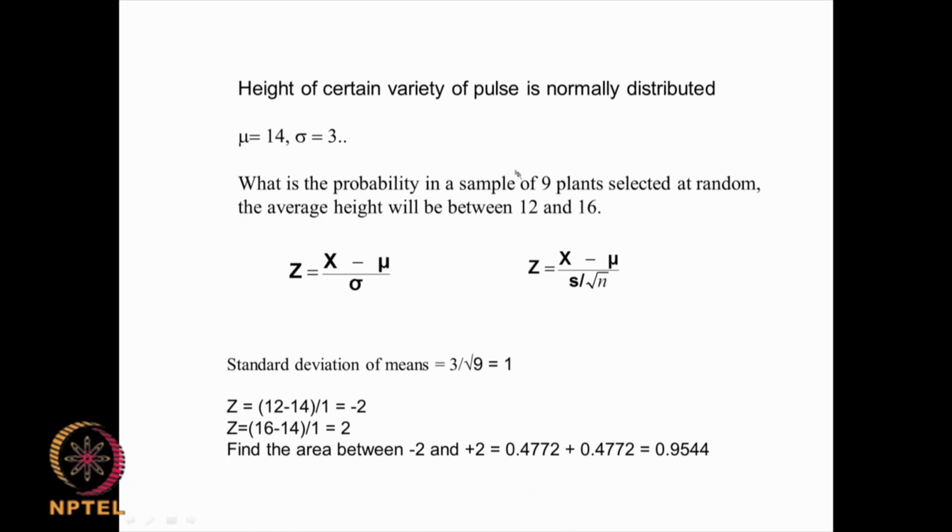You remember this, Z is equal to (x minus mu) by sigma. Now, this sigma we do not know, but we know only the standard deviation of these samples. So, instead of sigma we need to substitute S divided by square root of n, as in the previous equation.